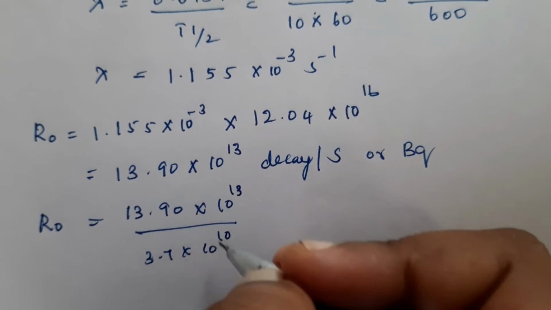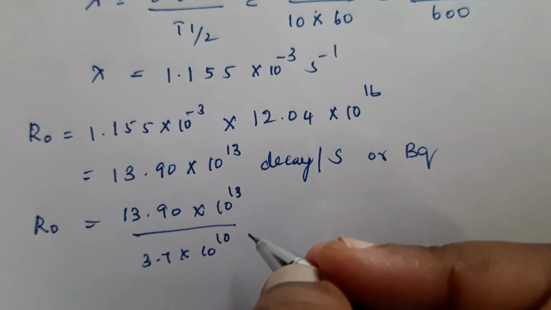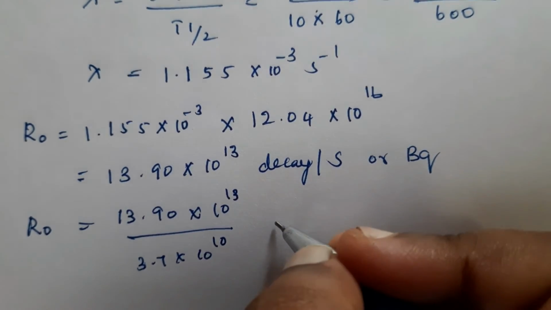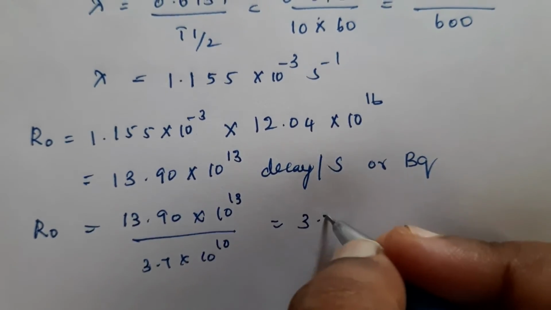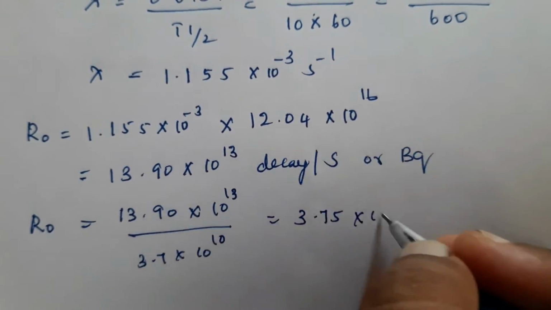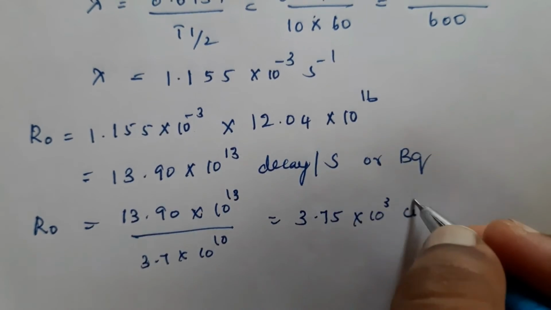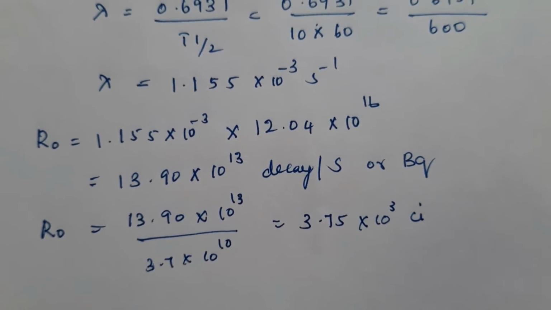So that is 3.75 into 10 raised to 3 curie.